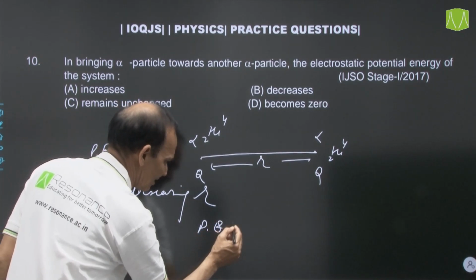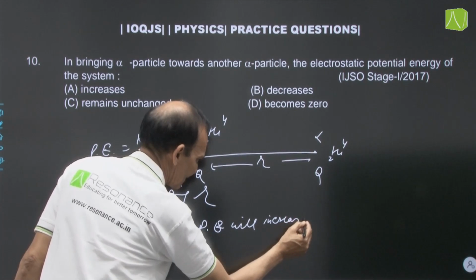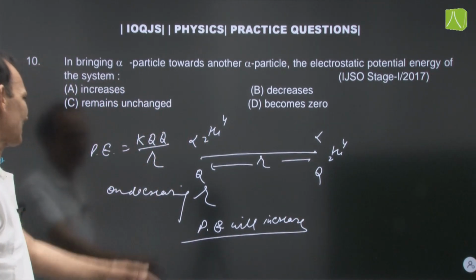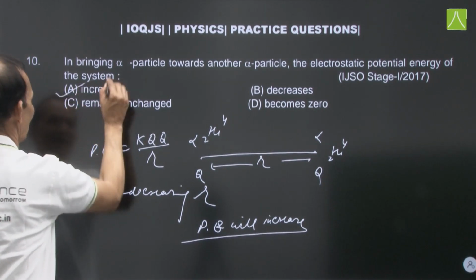The denominator R decreases, so the potential energy will increase. So the correct option is A.